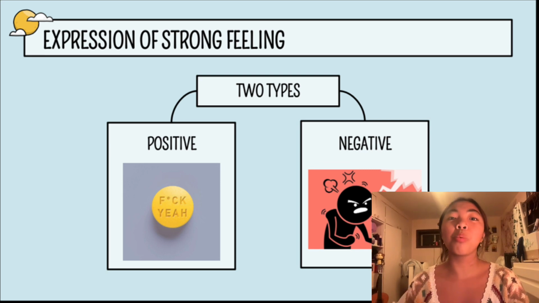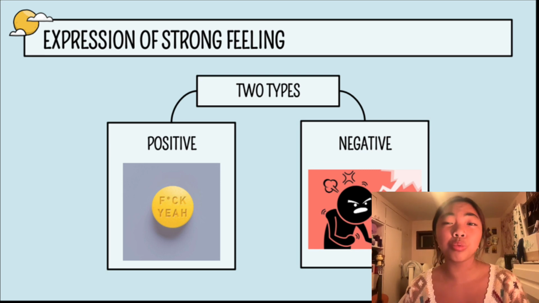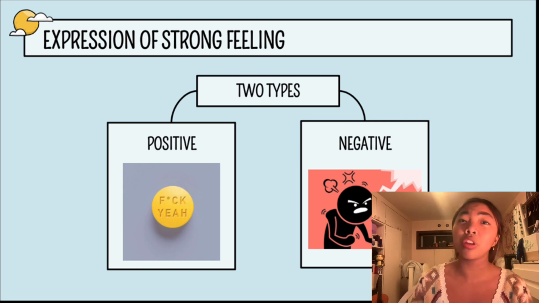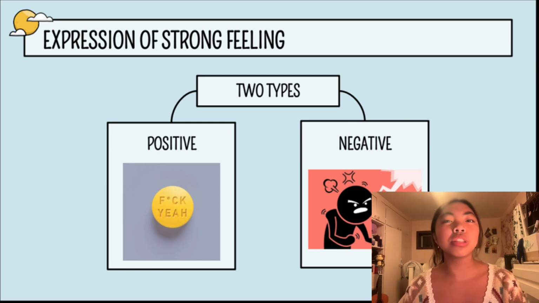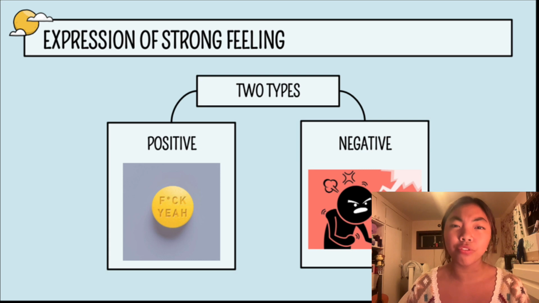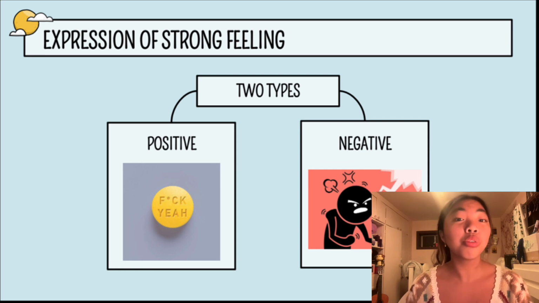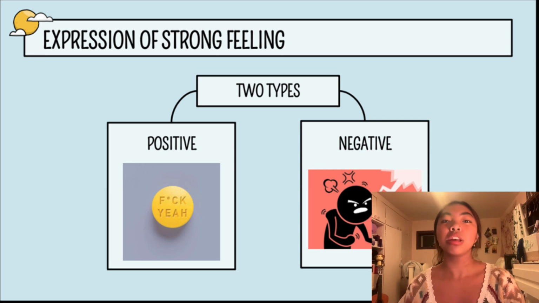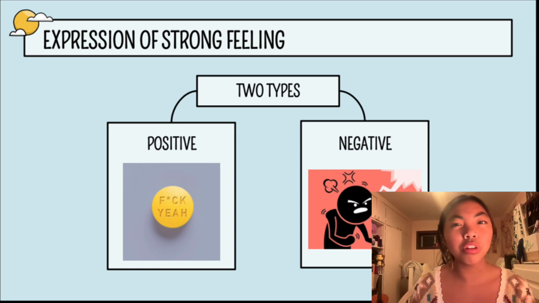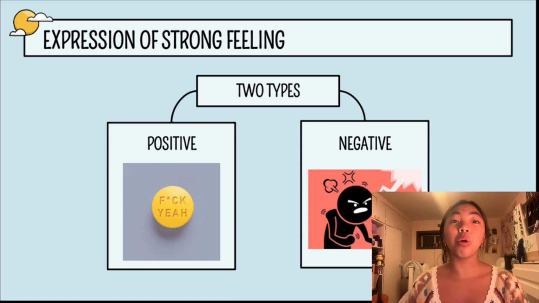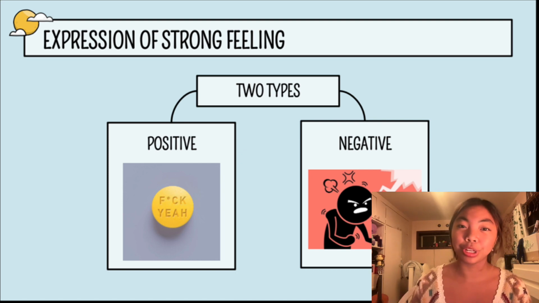But something to be aware of is that whether someone is using swear words in a positive or negative way, as long as they are using these words to express a strong feeling, it may mean that they are comfortable being around you, which could mean your relationship that may have seemed to be on a more formal level has now grown to a friendship.